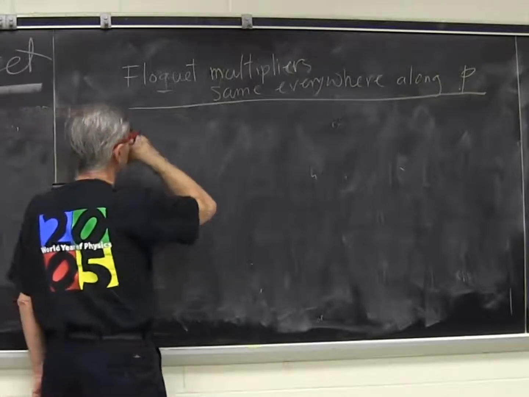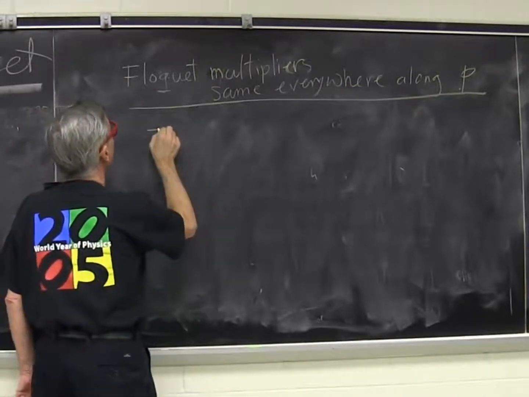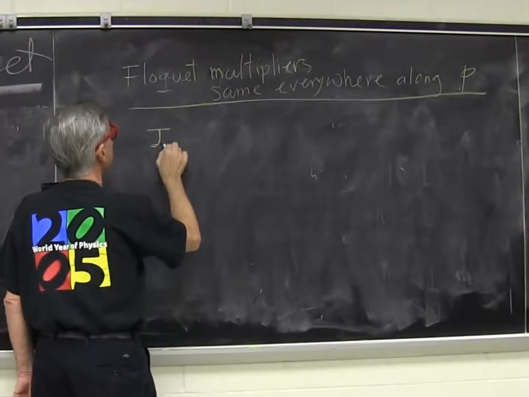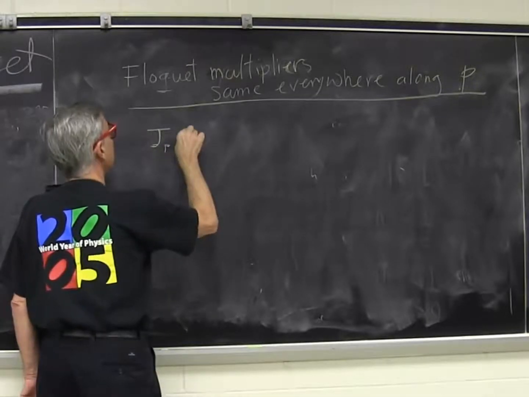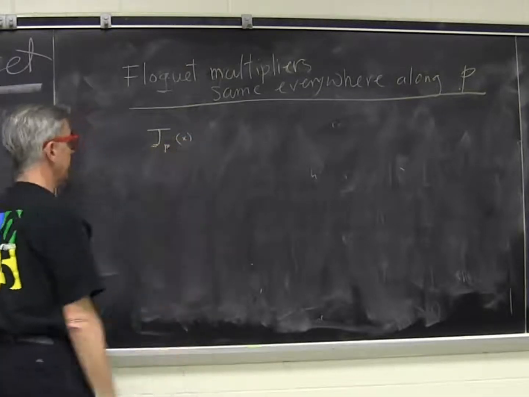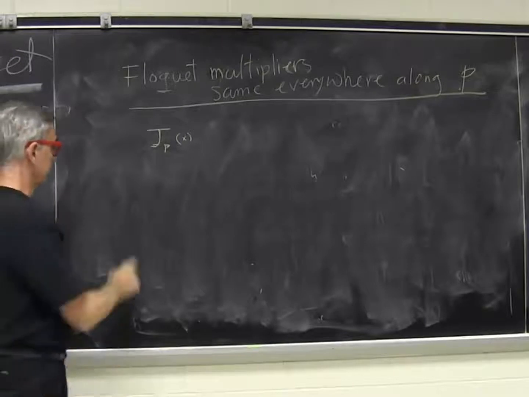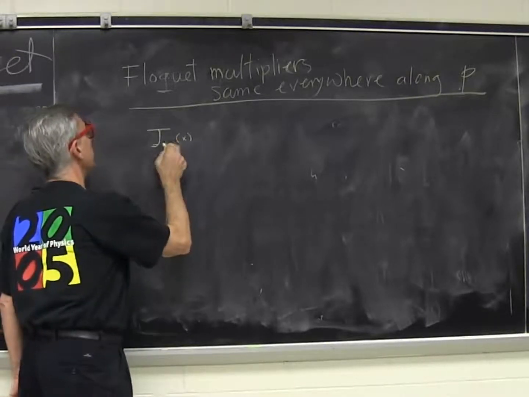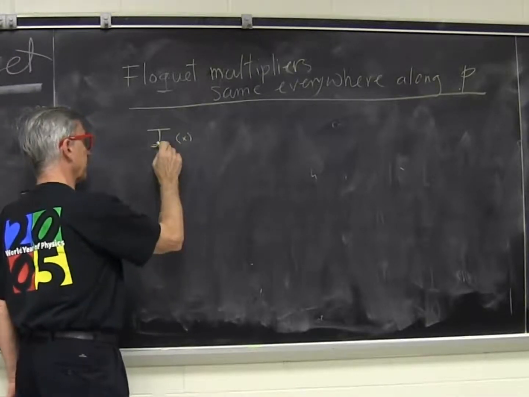So what's a Floquet multiplier on a periodic orbit? I take the Jacobian matrix, I evaluate it at point x, I go around the full period, and I denote this by putting a subscript p.